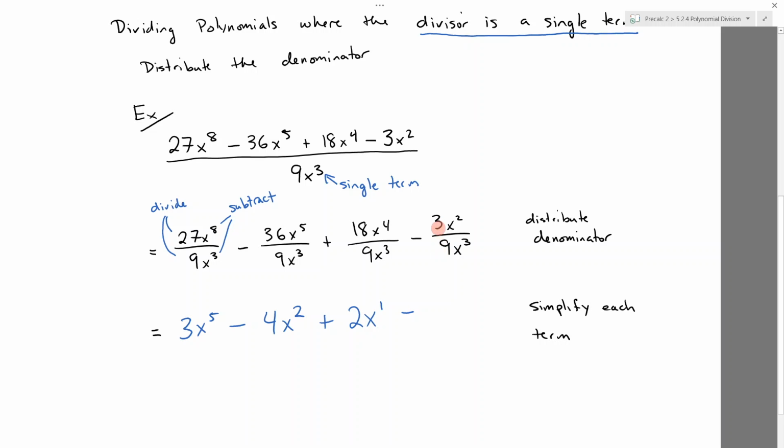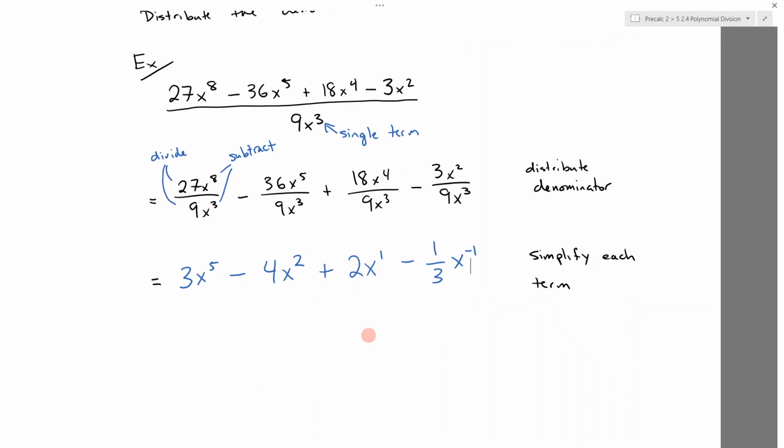And then this is a fraction 3/9, which reduces to 1/3. And if you subtract the exponents here, you can see now the exponent on the bottom is bigger. So 2 minus 3 gives me negative 1. So we get x to the negative 1. And if you remember, if you have a negative exponent, you can rewrite by putting it in the denominator.